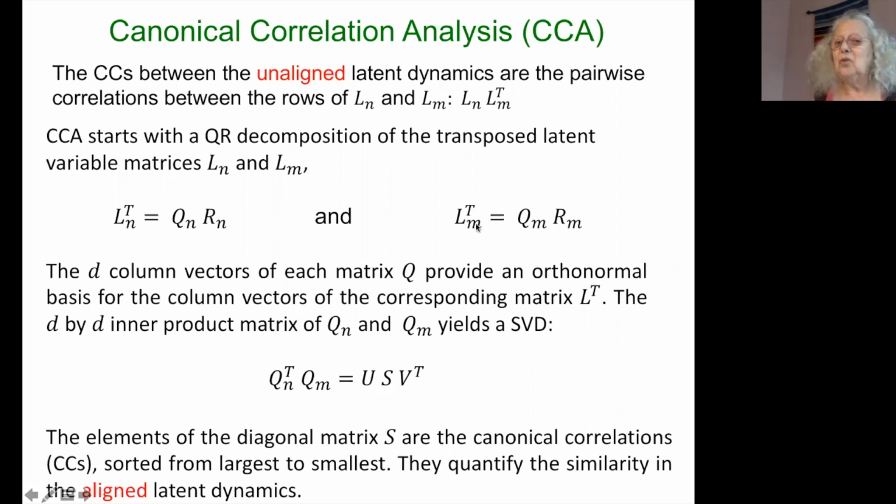For those of you who know or like physics, this is essentially like doing a Gram-Schmidt decomposition. So the first column of Q is going to be the first column of L rescaled. The second column of Q is going to be a linear combination of the first and second columns of L that is constructed to be perpendicular to the first column of Q and then normalized. And this is why R is an upper triangular matrix.